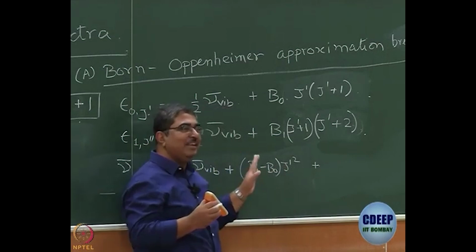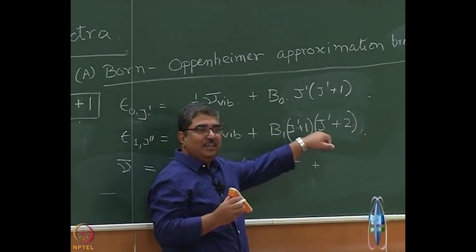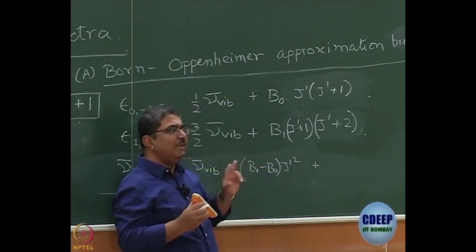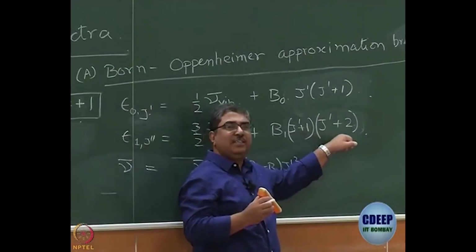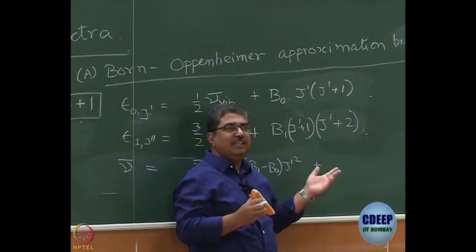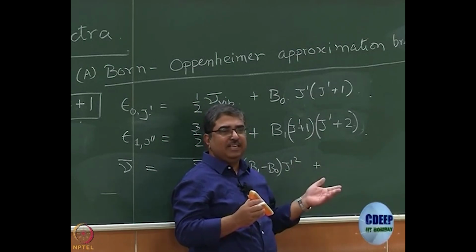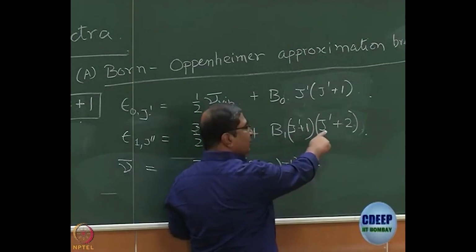Since we already have this 3xy term, let us see if we can write it as 2xy plus xy, okay. So, this is basically 3B1 into j dash, right.